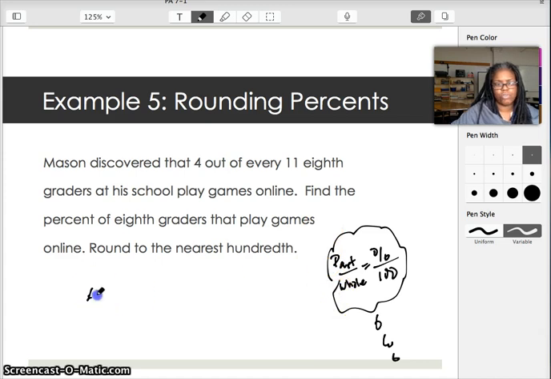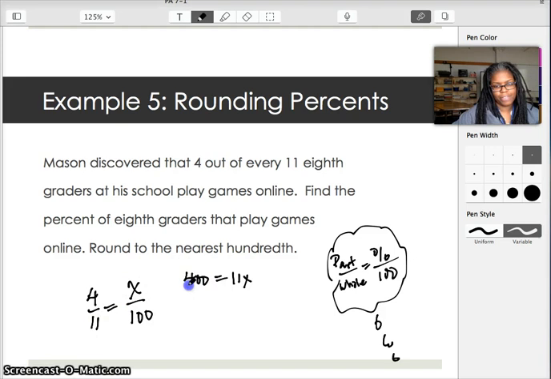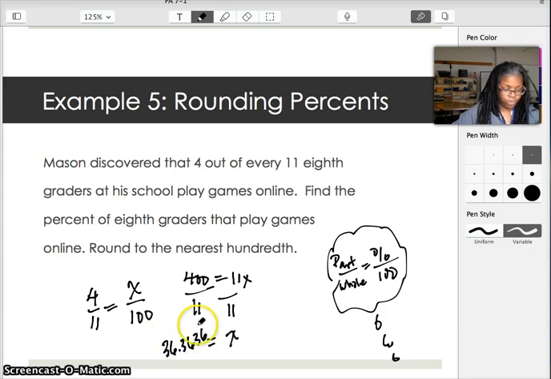So I start off with 4 over 11 is equal to, I'm looking for the percent, so I'm going to rock an X there, over 100. Cross multiply and do my thing. All right, so I'm going to have to divide both sides by 11, right? And when I do that, I get that X is equal to 36.36. I think this goes on forever and ever, if my calculating is correct.